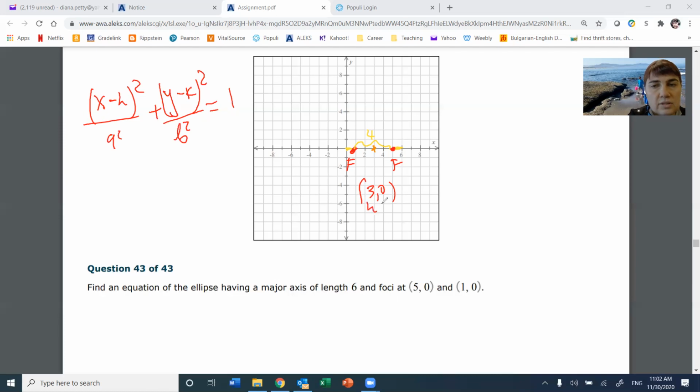This is h and this is k. So we need a and b. We found a because we know what it is. The major axis is 6, right? So a equals 6. This is a. So the only thing we need to find is b. So b would be going up, right? Let's get blue.